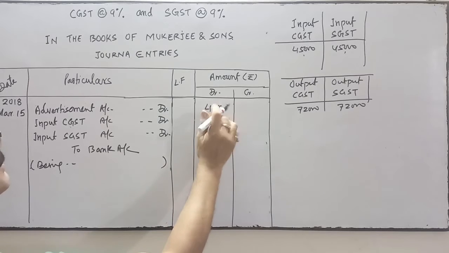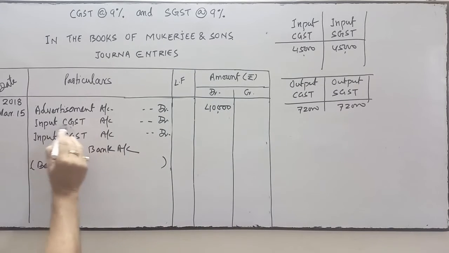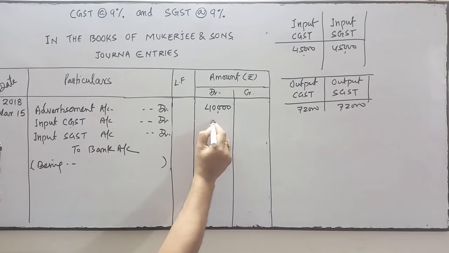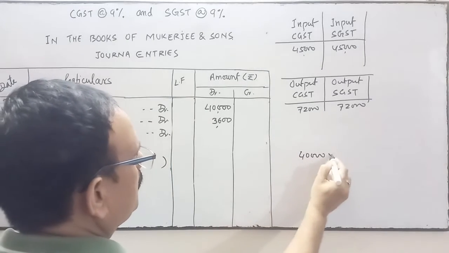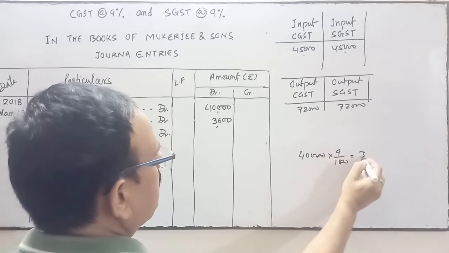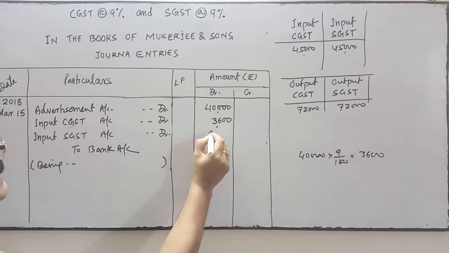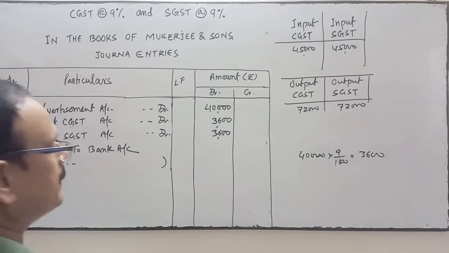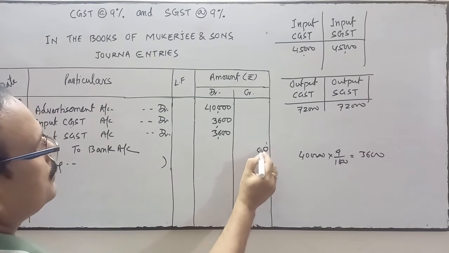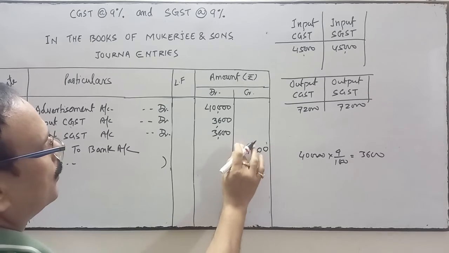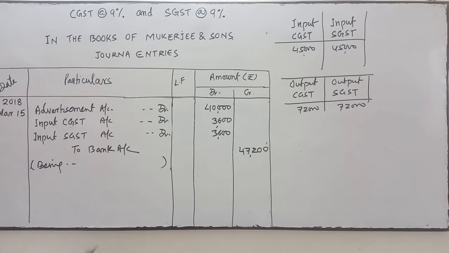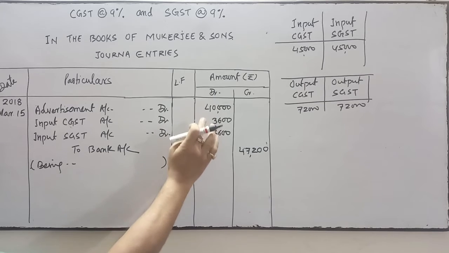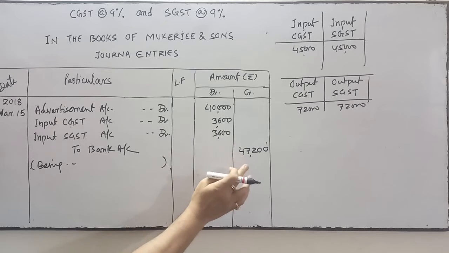So we will calculate the input CGST at the rate of 9% of 40,000, which is 3,600. Input SGST will be the same amount, 3,600, and total will be 47,200. This is the total amount you have to pay.